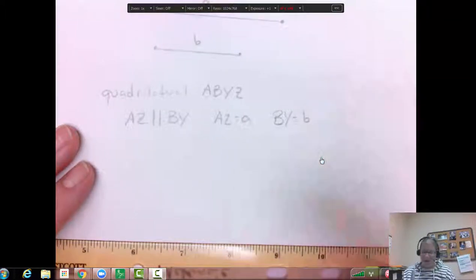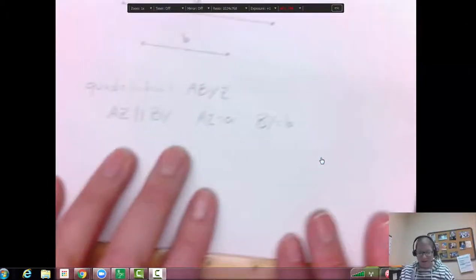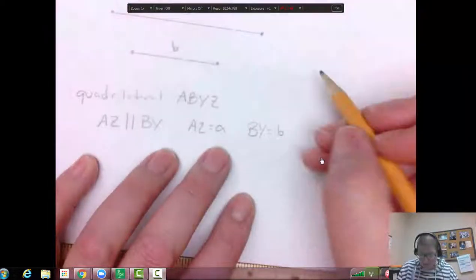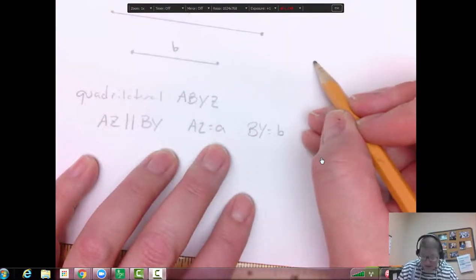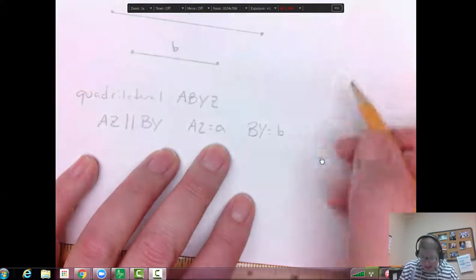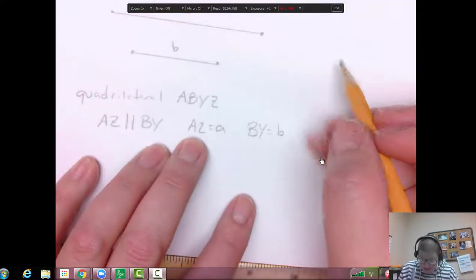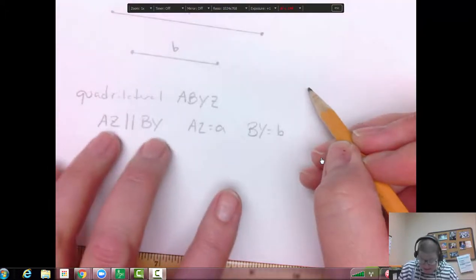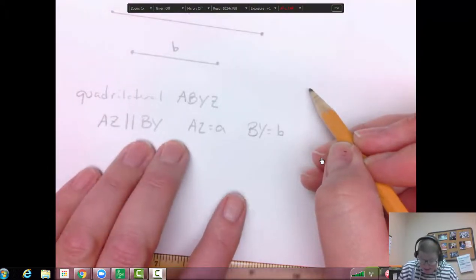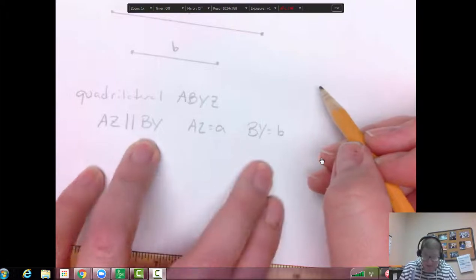So what do we know if we know this? We're looking for a quadrilateral that's four sides, where it has A, B, Y, Z, where AZ and BY are parallel. One's AZ, one's BY.